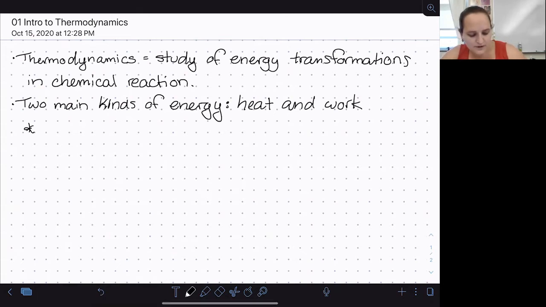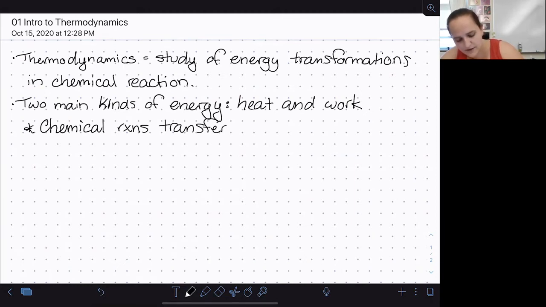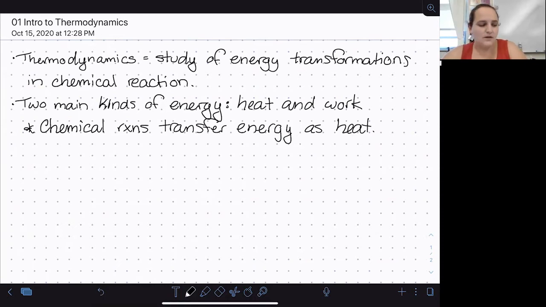So chemical reactions transfer energy as heat. So that is where we're going to be focused, is really on a discussion of heat and heat flow. And we won't really be discussing work.